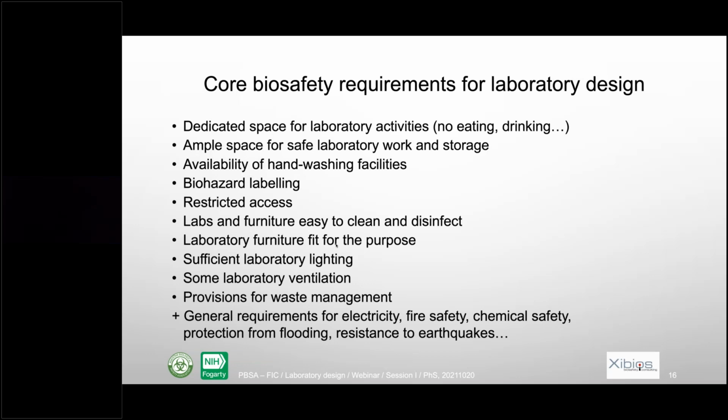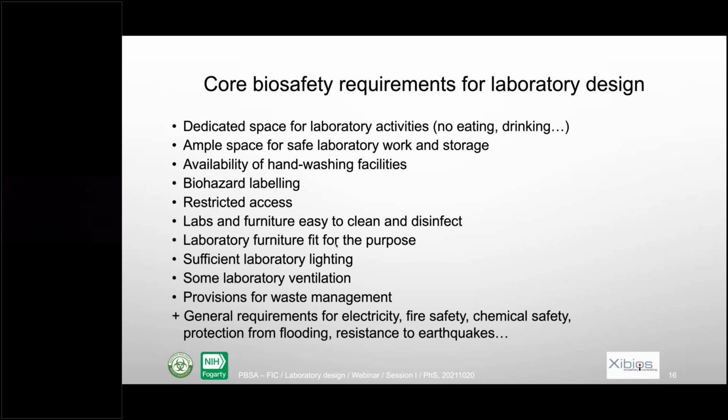Then you should have hand wash facilities, so a hand washing sink. That's an obligation. It's a core requirement. You should have biohazard labeling, to show that there is some biological risk in the lab. You should have some restricted access, and I will explain a little bit more about that.